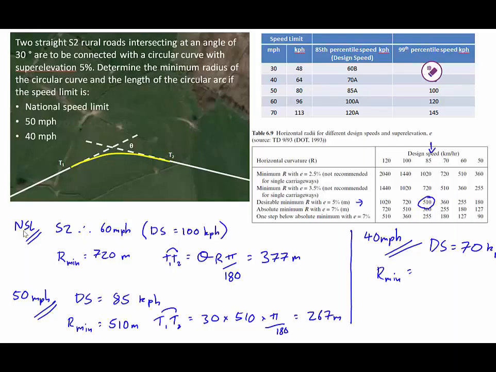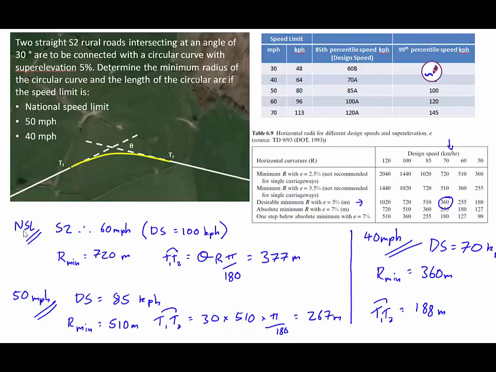Minimum radius is 360. And the arc length is going to be equal to 30 multiplied by 360 times pi divided by 180. I've got 188 metres.